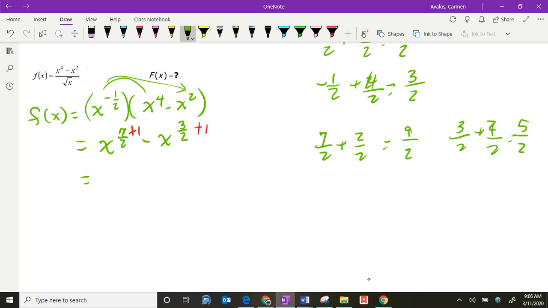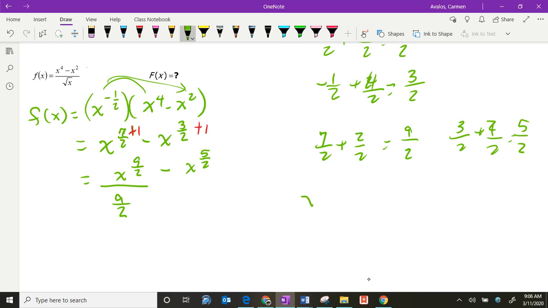So we are going to get x to the 9/2 minus x to the 5/2, and then you have to add it to the denominator. Now here's the thing. I know that I'm supposed to have 9/2 down here, but that is a complex fraction and we don't write it that way.